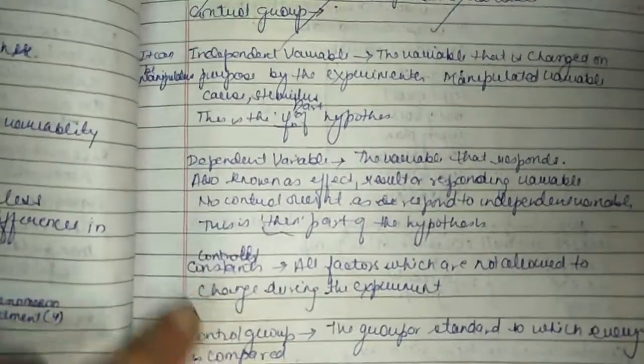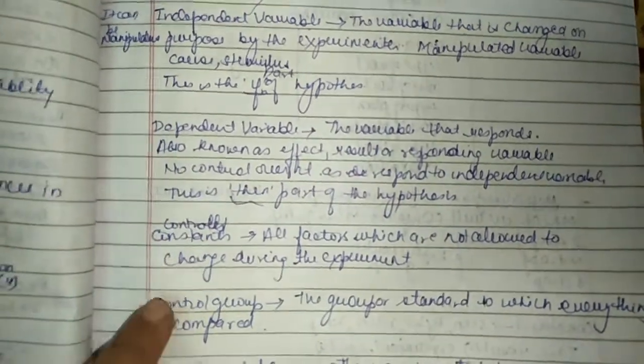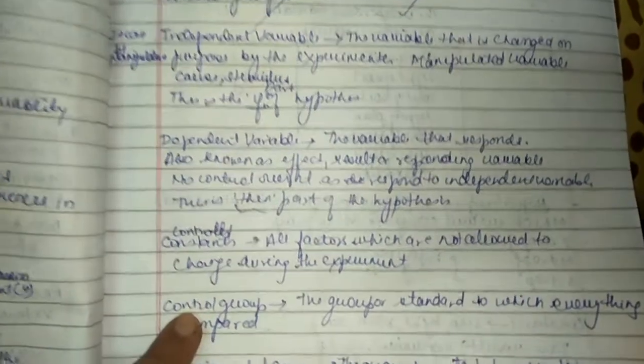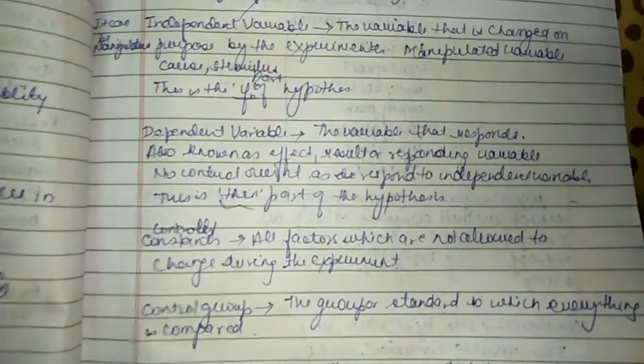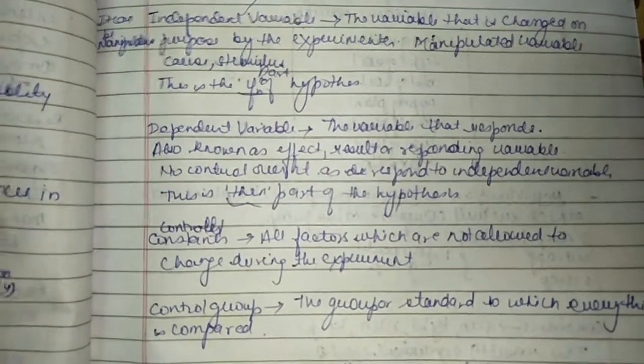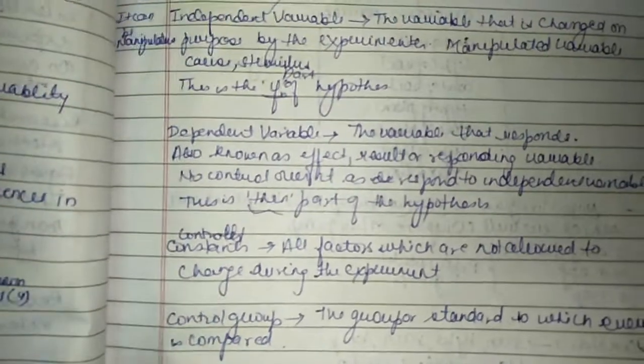So, for comparative study of that experimental group, a control group is also there. This control group forms a standard. It is the parameter to which the experiment would be compared.